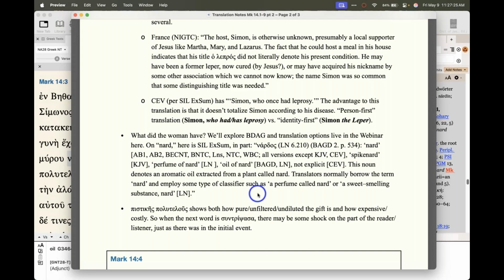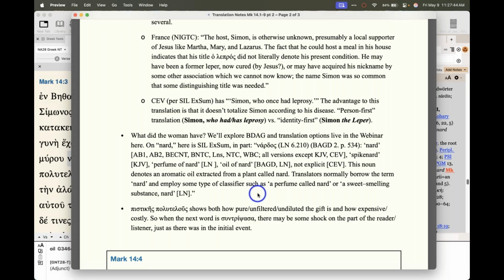And that's what we saw the NET doing. So this, I think, is a really efficient and elegant way to translate the Greek word with what the Greek word is, what it meant then, but also bring out in English what the thing is.